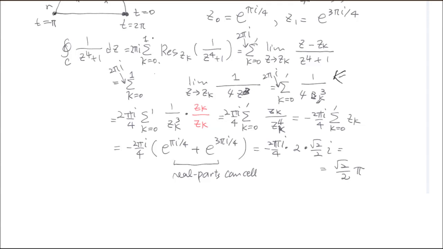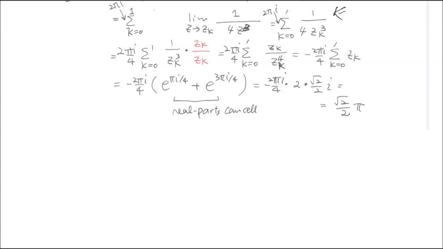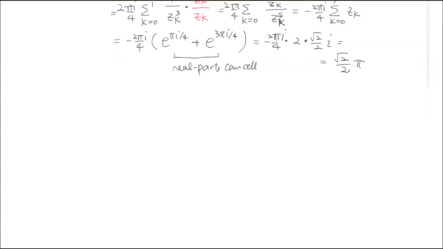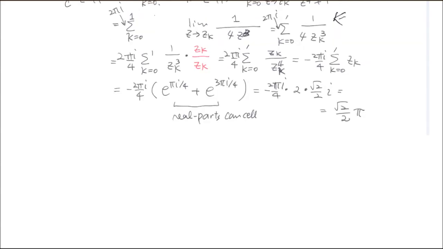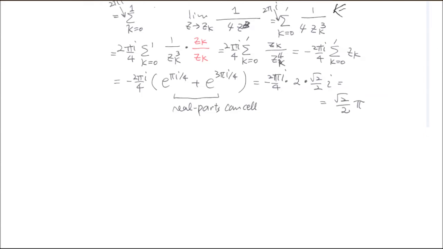And then if you use Mathematica from here, you can easily check that it's root 2 over 2 pi. We're going to do one more example of this. This calculation is so tedious, and it's even difficult to pull out this kind of trick and then do the rest of the part. But we'll do it symbolically and leave the detailed calculation to Mathematica.